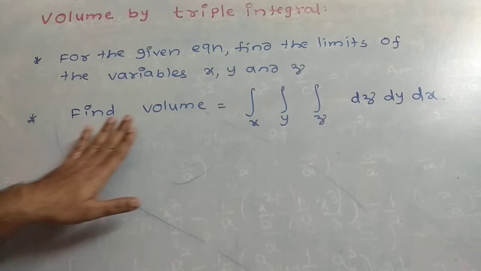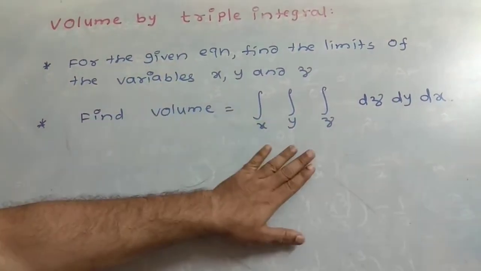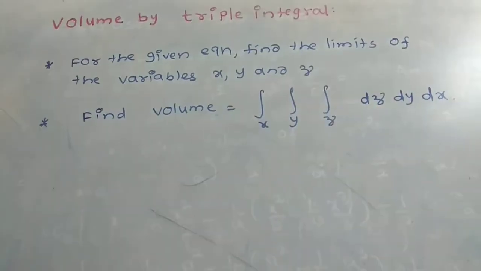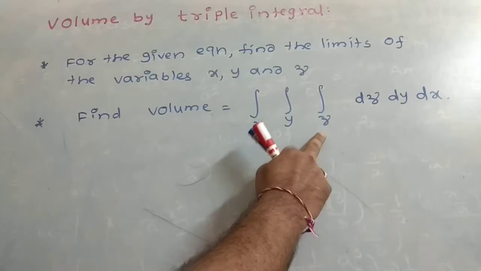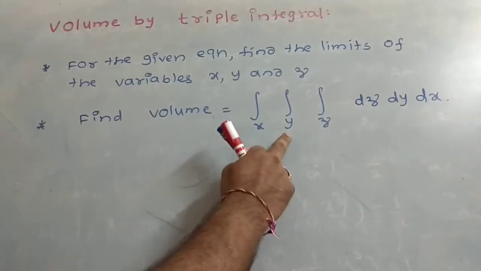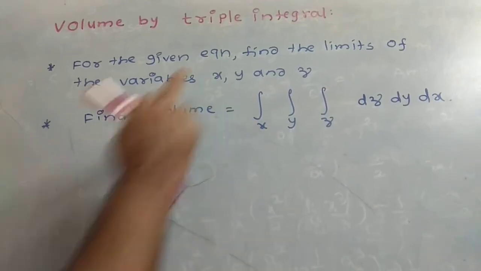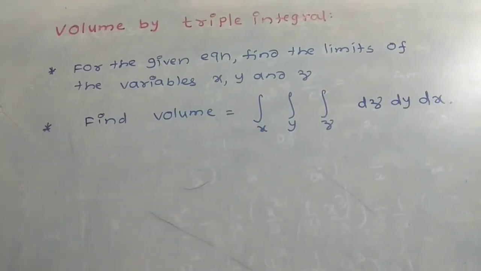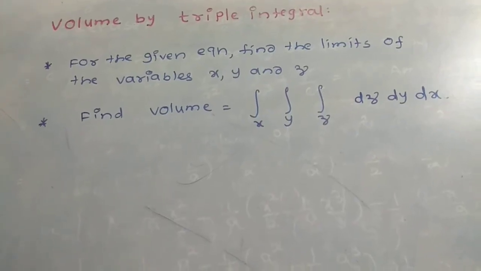The next step is calculating the volume corresponding to the given equation by the triple integral dz dy dx. My best suggestion is that z can be represented in terms of variables, y is also represented in terms of variables, and only x is represented in terms of real numbers. Based on that you can directly find the volume corresponding to the given equation.